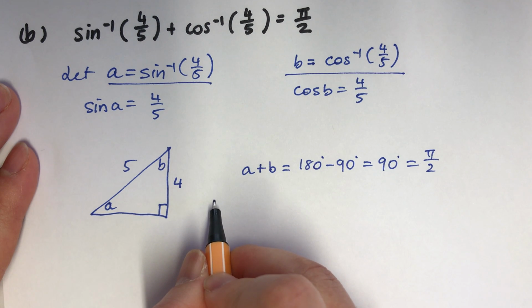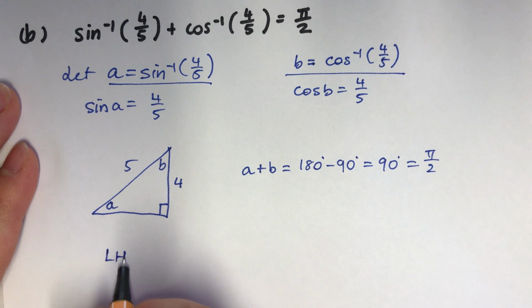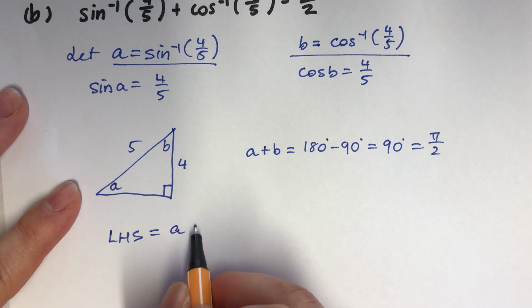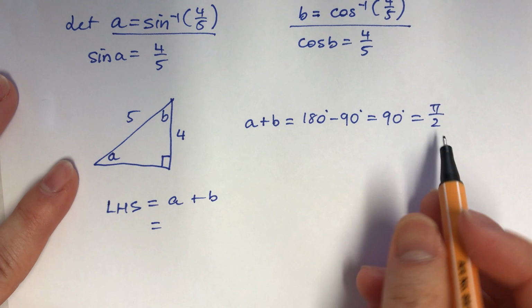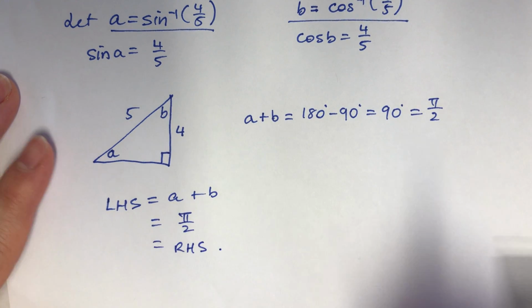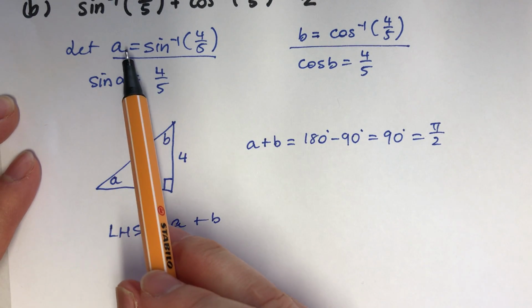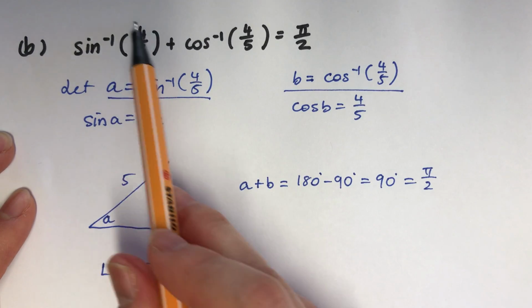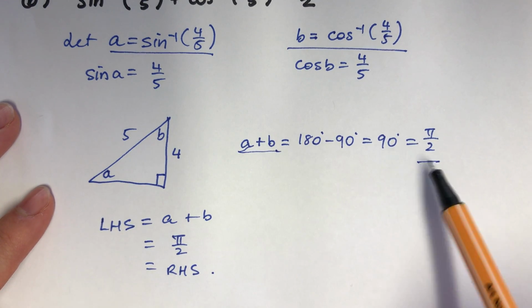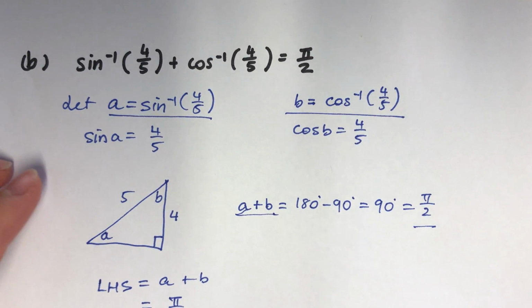So if I do that, the left hand side, I'll go a plus b, which is pi over 2, the right hand side. Okay, because I said let a equals that. That's my a, that's my b. I'll put it in. I know a plus b is pi over 2, which is same as that. Okay.